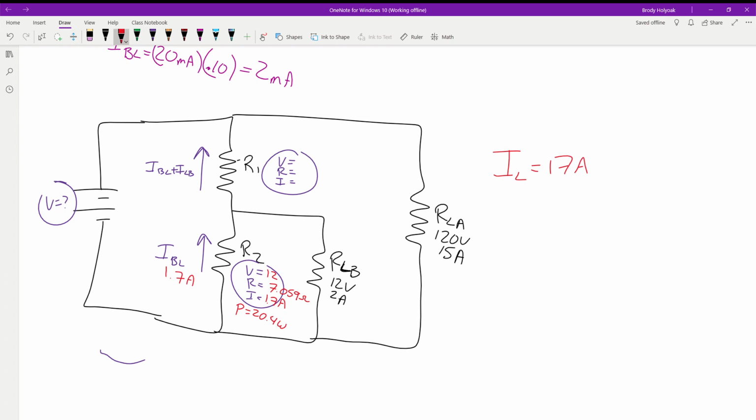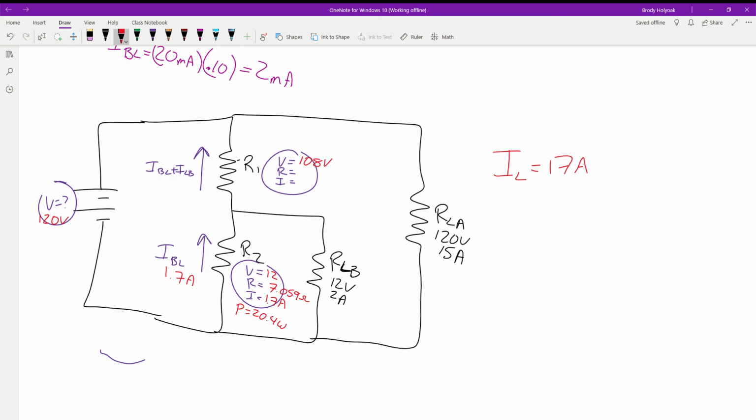Okay. What is the voltage drop across R1? 108 volts. How much is the voltage of our supply? 120.